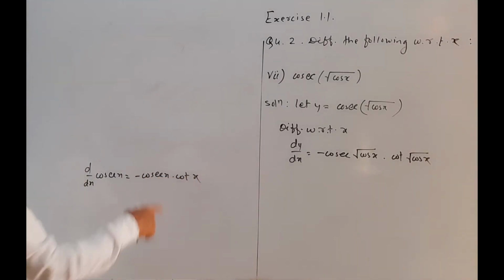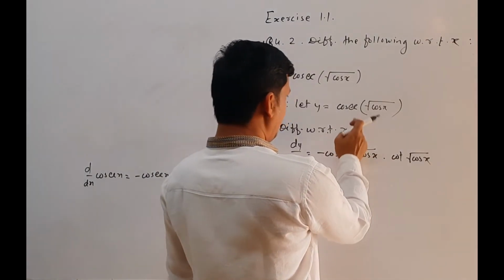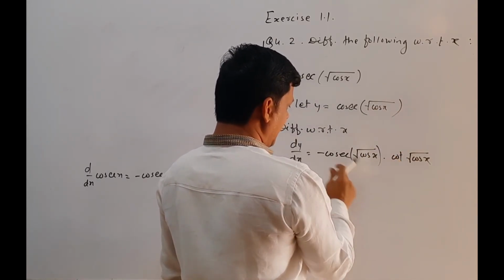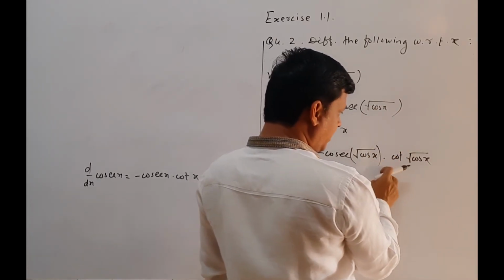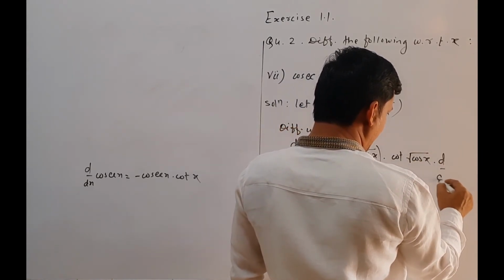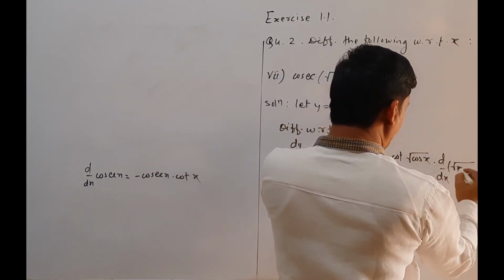So in place of x, value is root. So we write here derivative of this cosec of root cos x as minus cosec of root cos x into cot of root of cos x into d by dx of, so inner function is this root, so we write root of cos x.